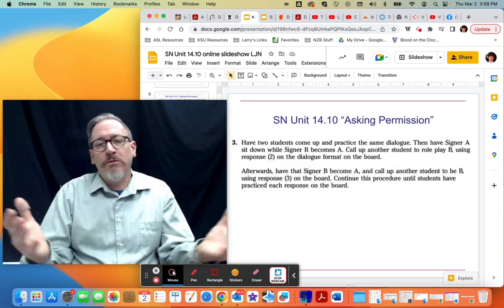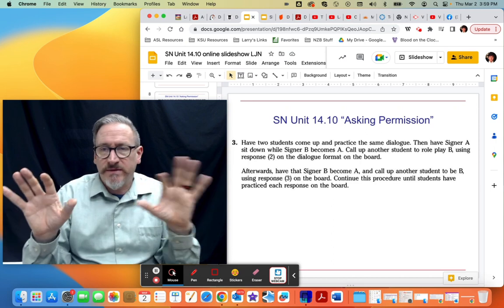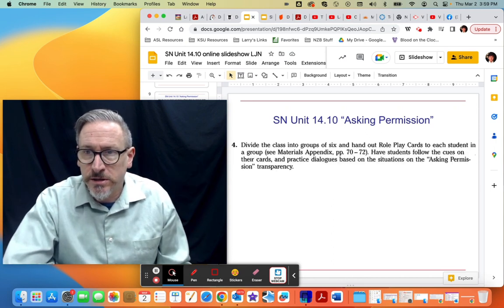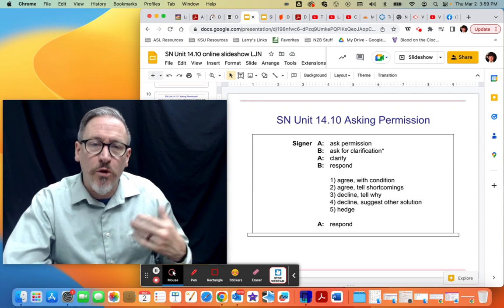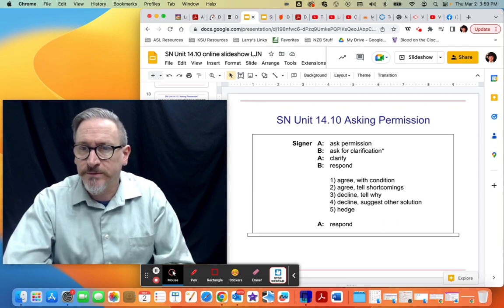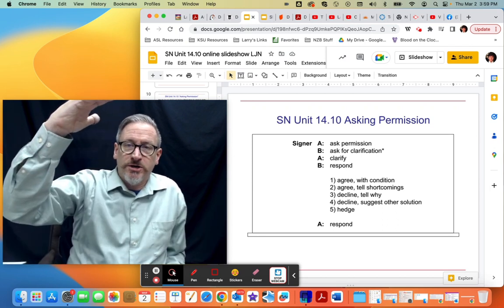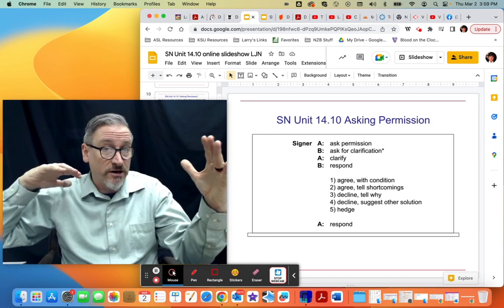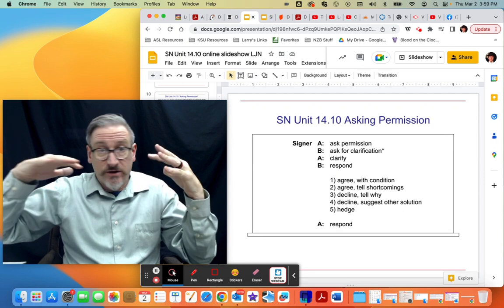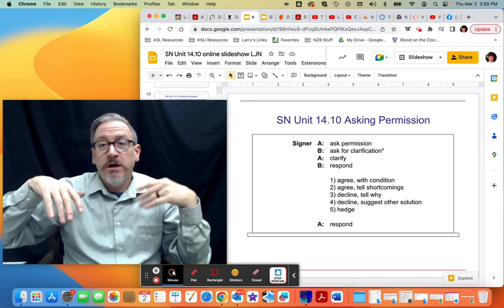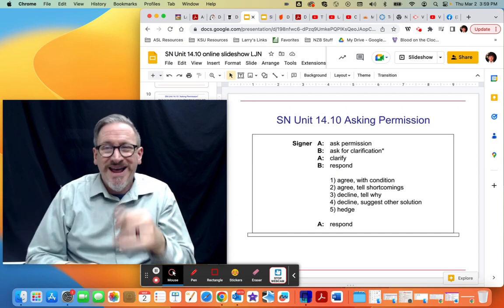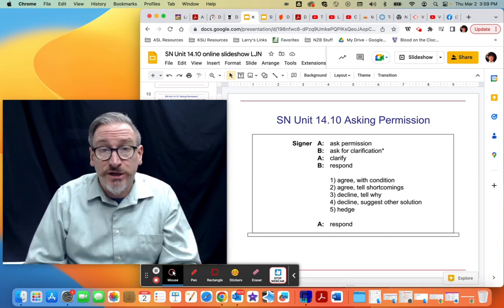And then now it would be breaking out into pairs and having everybody practice on different situations. We have role-playing cards that I'm going to show you in just a second. Again, we've got ask for permission, whether we include the complication or not, or asking for clarification, and you give a clarification of what you're looking for. Then the response: either agree with condition, or sometimes just agree.